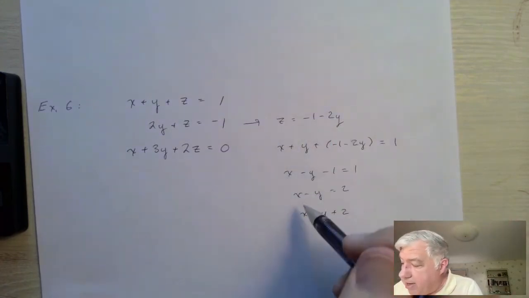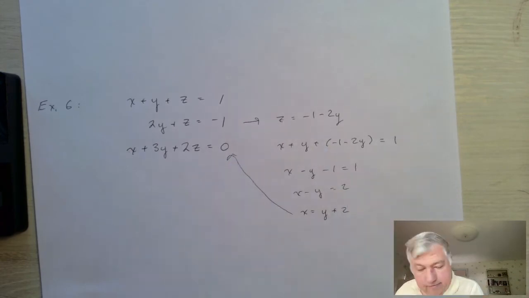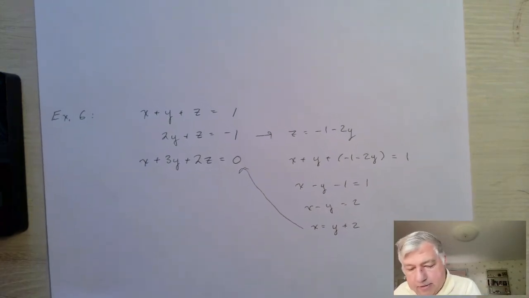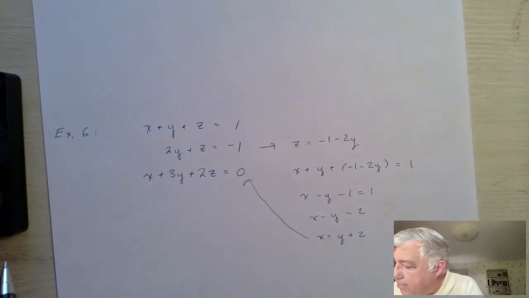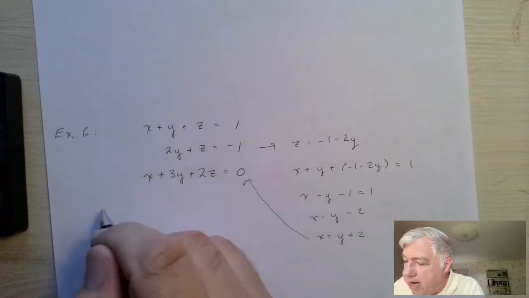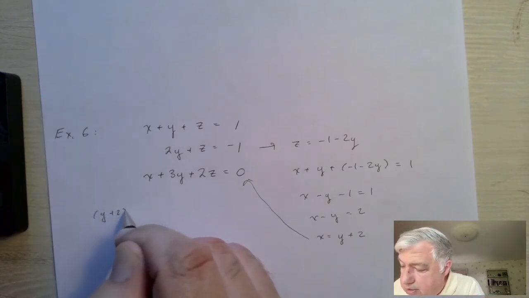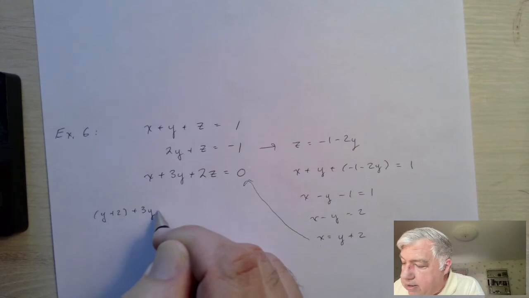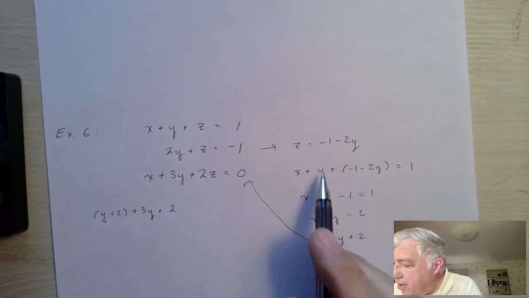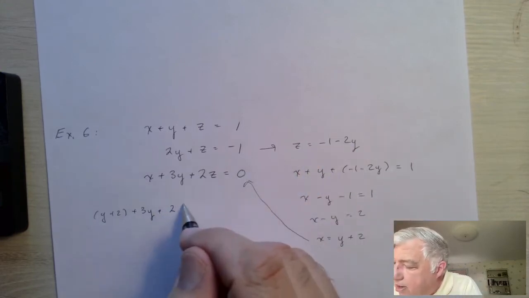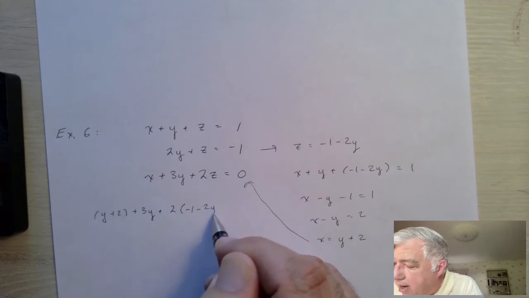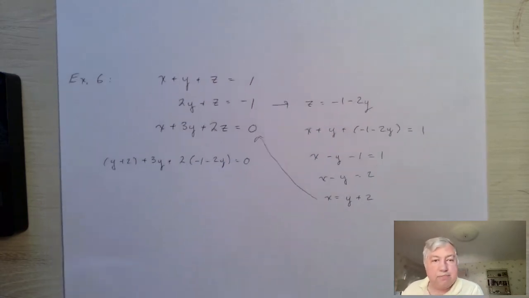Then finally we can plug that back in here and see what happens. We replace x with y plus 2, plus 3y, plus 2z, and z is still negative 1 minus 2y, equals 0.